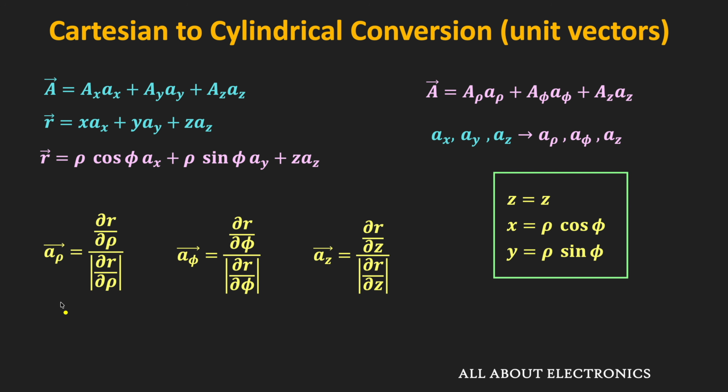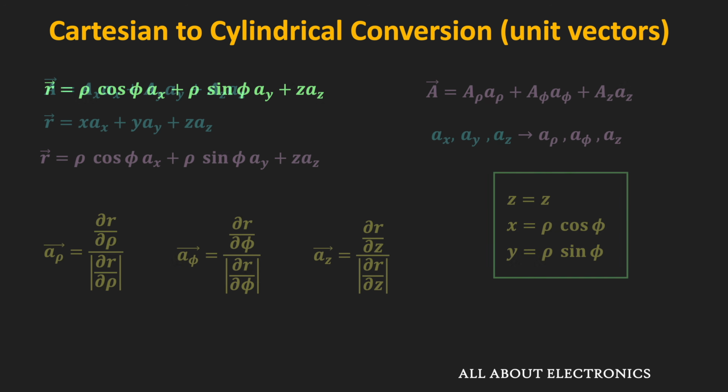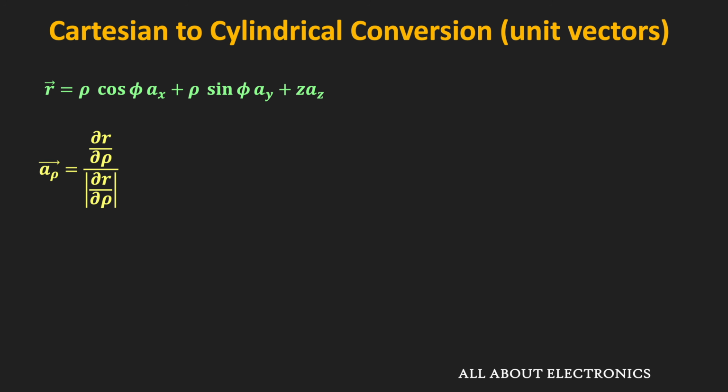So now, first let us find this a rho. To find a rho, first let us differentiate this position vector with respect to rho. Here, del r by del rho will be equal to cos phi times ax plus sin phi times ay. And since the third term does not contain any rho variable, that will become 0.